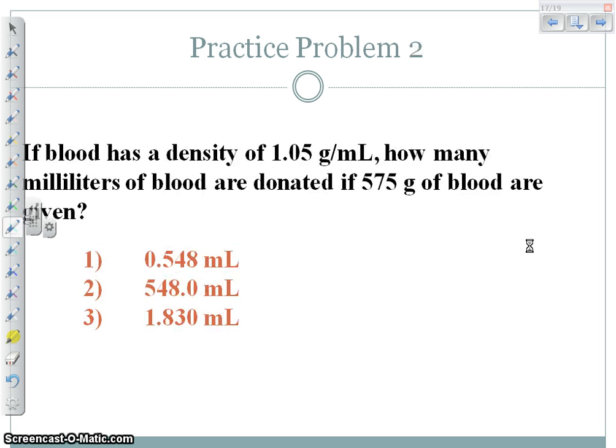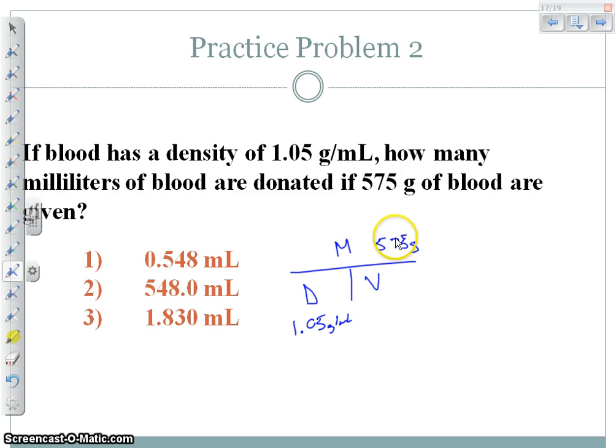And again, another practice problem that we'll roll through. In this case, we've got density equals mass divided by volume. Density happens to be 1.05 grams per milliliter, and the mass is 575 grams.